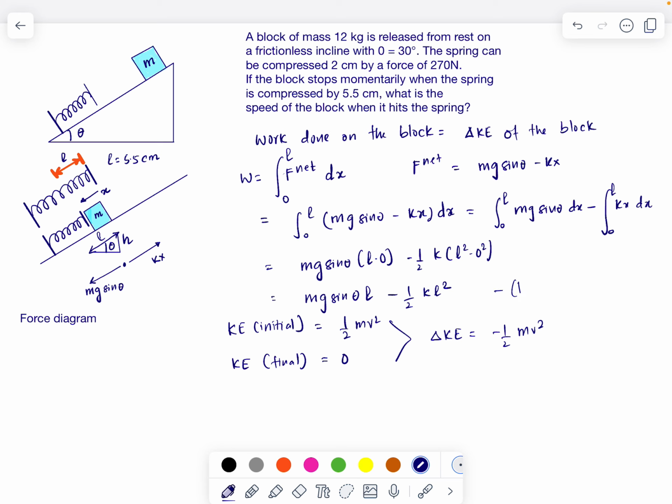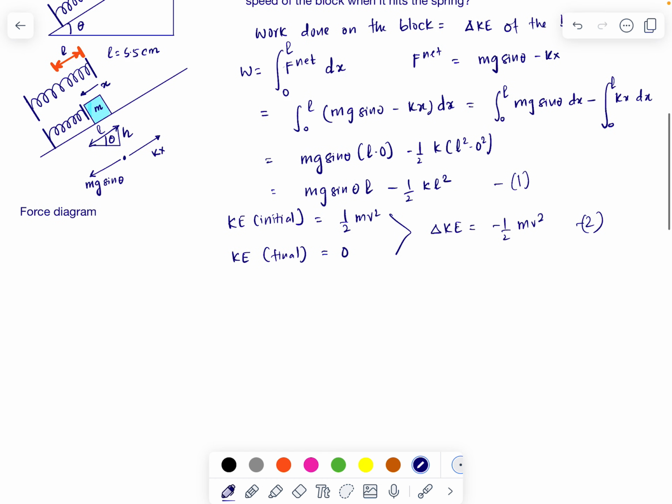So we take expression 1 and expression 2 and equate them. When we do that, we get mg sine theta times L minus half kL squared equals minus half mv square. So let's rewrite this.